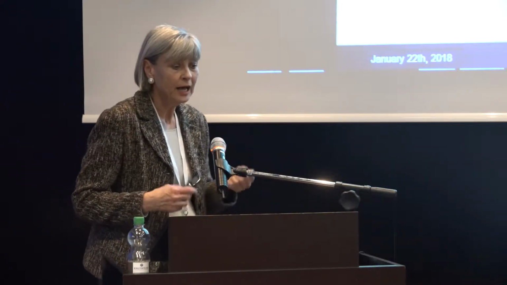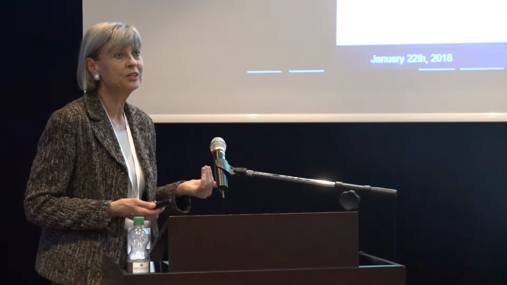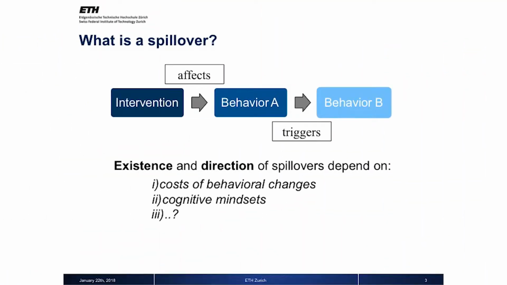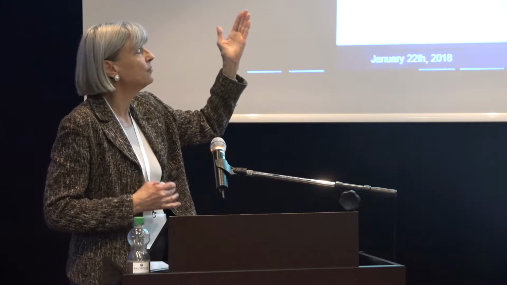As I said before, I briefly want to explain what we understand by spillovers. We first have one intervention that is thought to affect the behavior of people in one specific area, for instance, make people save more on electricity. That might change the behavior A, as we called it on this slide, meaning people may indeed save on electricity. But this electricity saving may also trigger an effect for a behavior B, for instance, water usage or recycling.